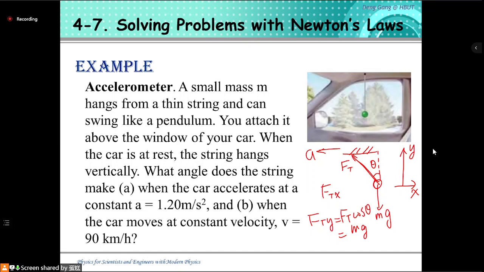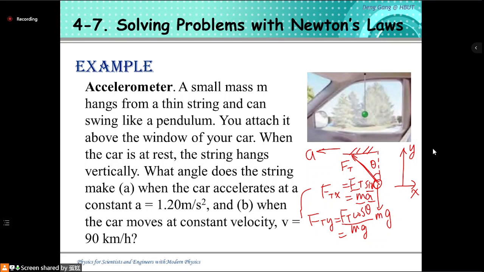But in the horizontal direction, it's F_T sine theta, which, according to the second law, should be equal to ma. So if we know the mass and the acceleration, to solve for theta we need to know the tension. From these two equations, actually we can solve it.